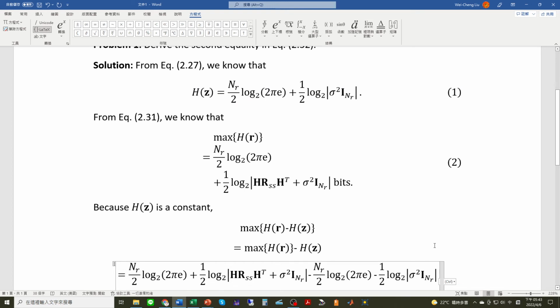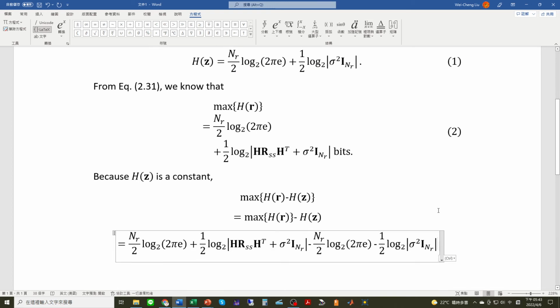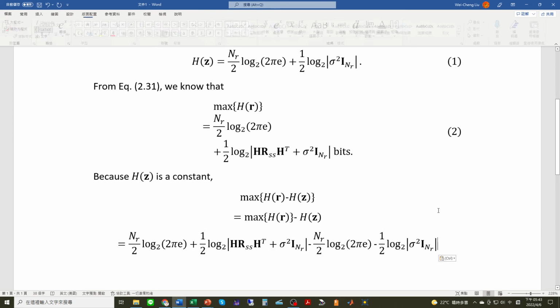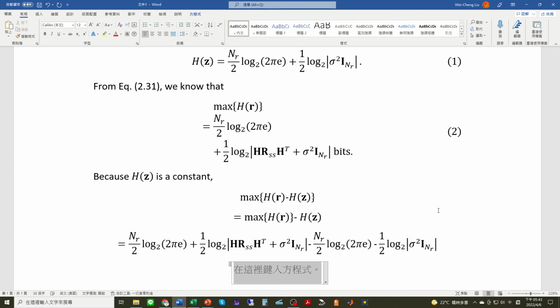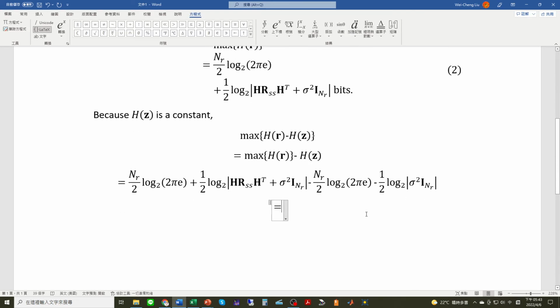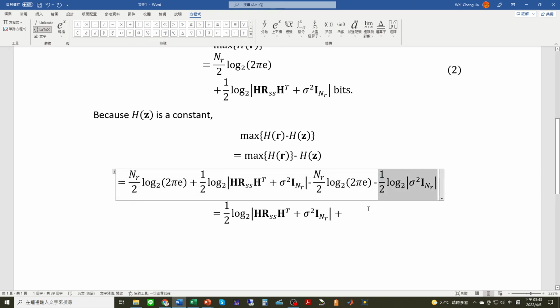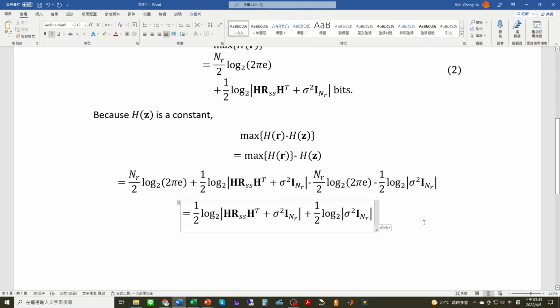Like this. So this is equal to, we can see that this term and this term can be cancelled. So this is equal to the second term plus the last term here.